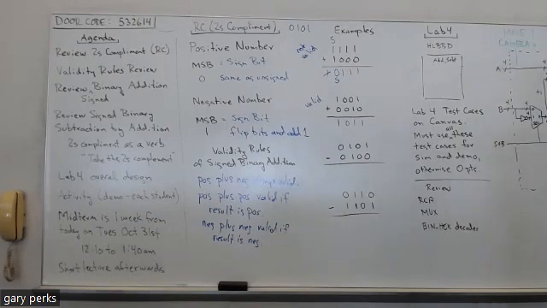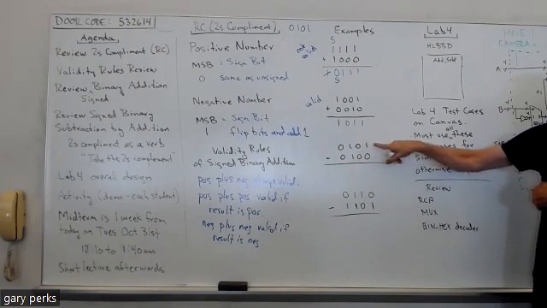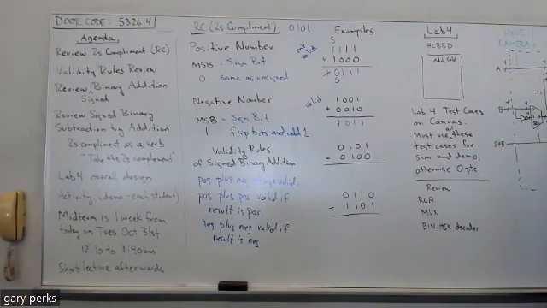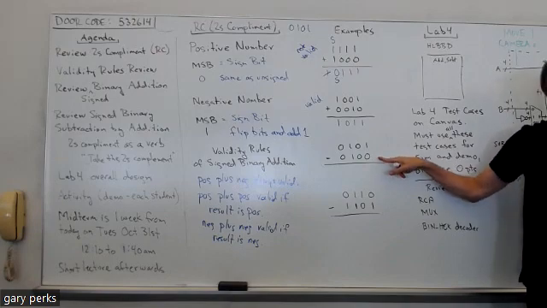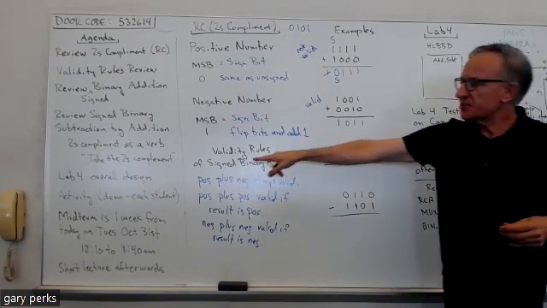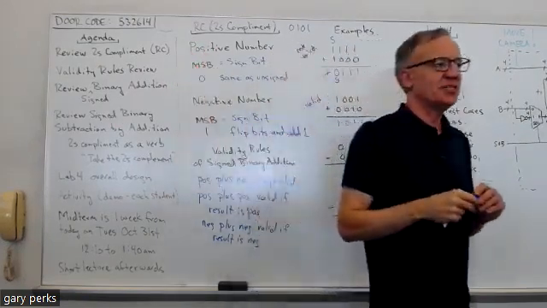What's the big step in order to do subtraction by addition? If we want to take this number and subtract it from this top number, what do we do? Yeah, you take this second number, flip it, add 1, because you take the two's complement. Again, there are two meanings to two's complement.